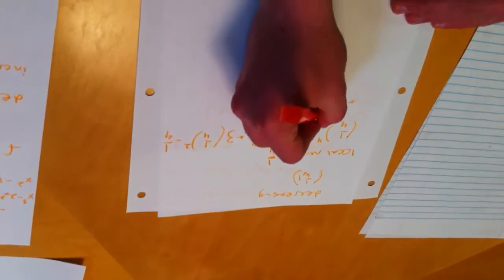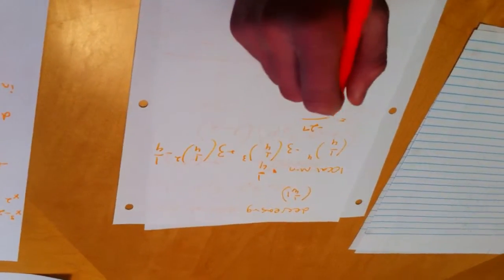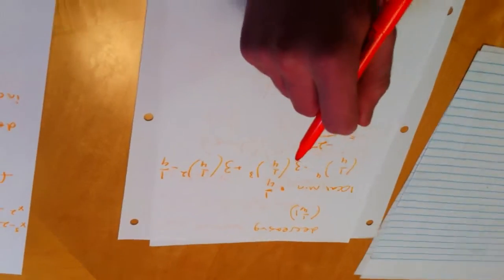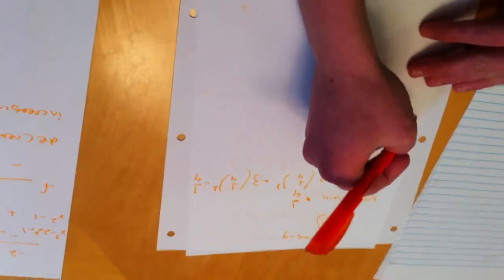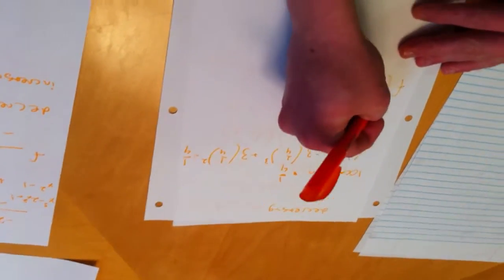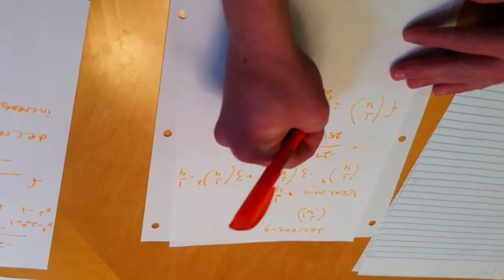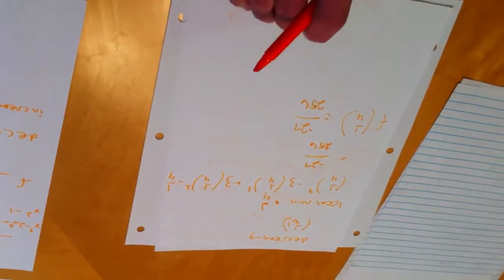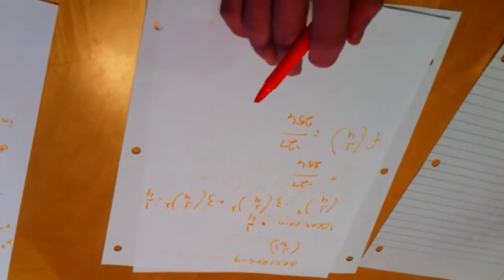Through this, we end up getting negative 27 over 256. So our local min is the function at 1/4, negative 27 over 256. That's all you can get out of that.